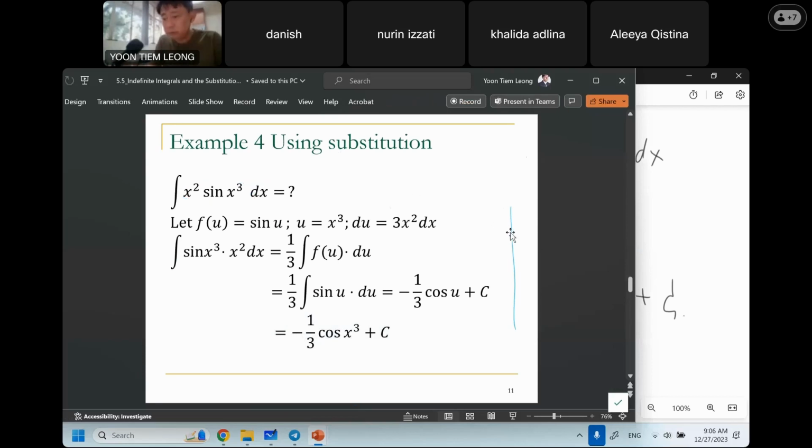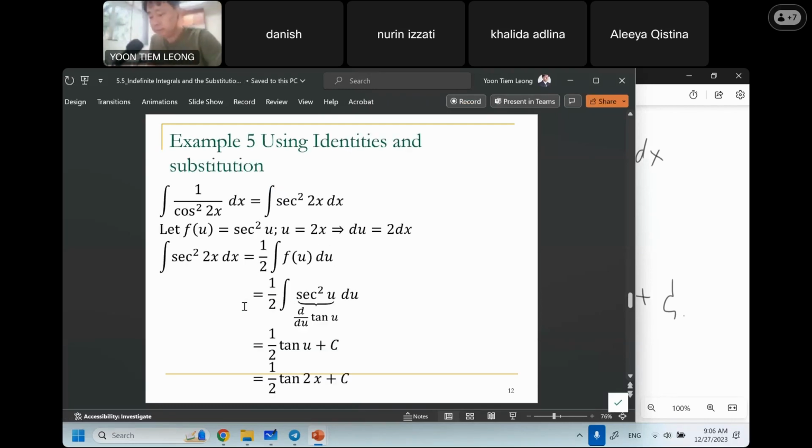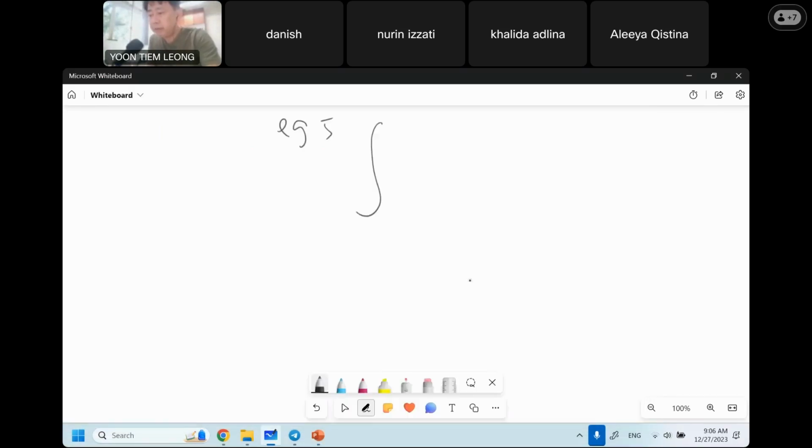So let us look at another substitution in example 5. Example 5 is the integration of 1 over cos squared x dx.